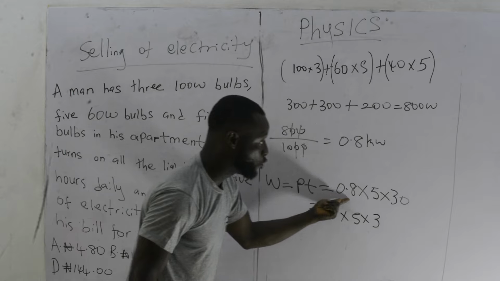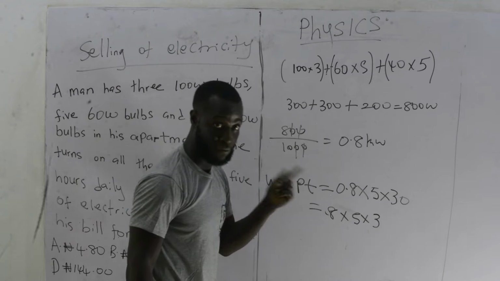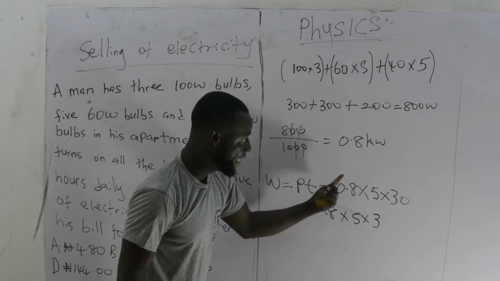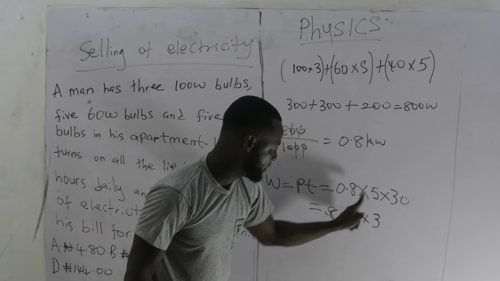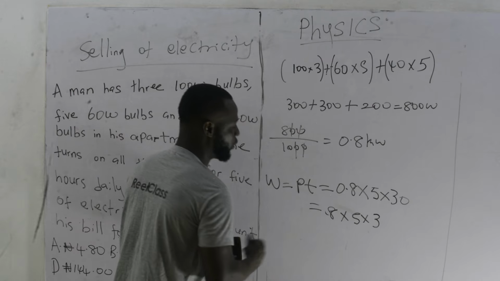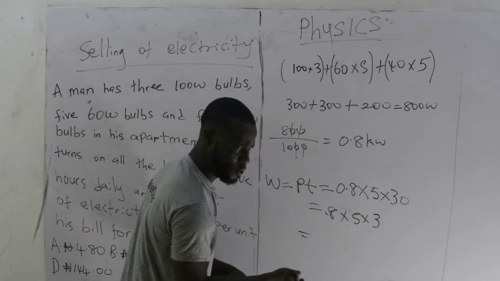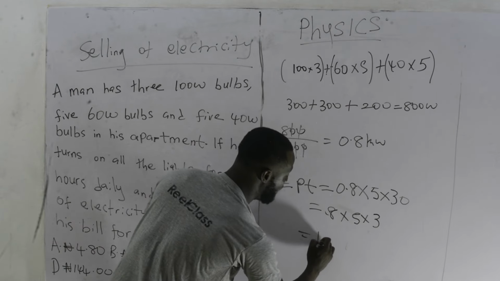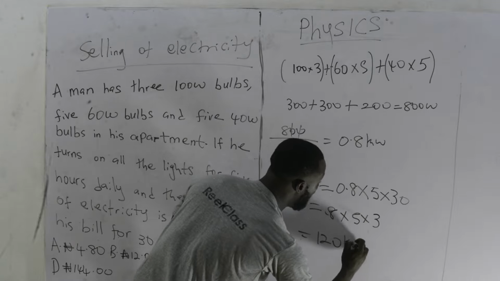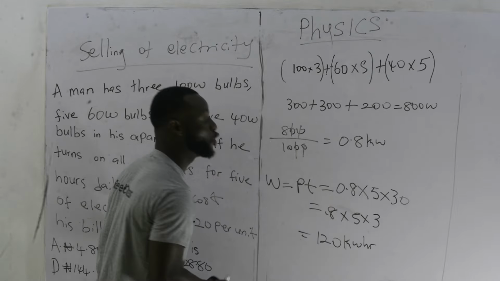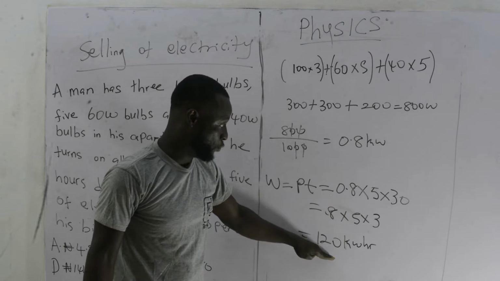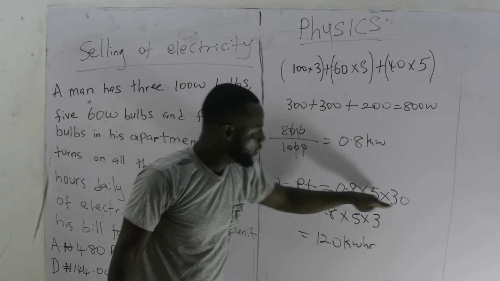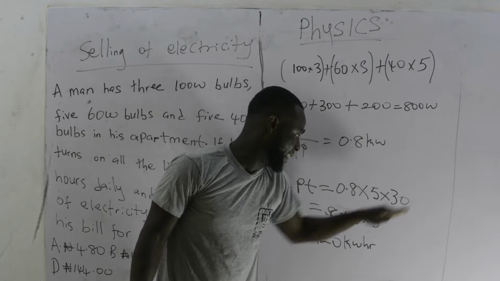But you can use a calculator to just run through this. If you are confused about how I'm doing it like this, it's still correct. I just took 10 from this 30 to multiply this. So if I do that, 8 times 5 is 40, and 40 times 3 is 120. So I have 120 kilowatt hour. That is the total energy consumption. You can just use a calculator and run it from here. You still get this 120.